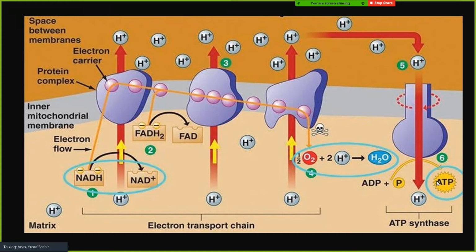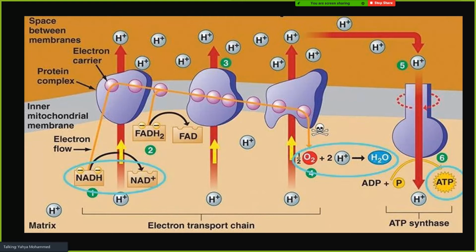So these electrons, this is like a mini circuit. The electron is going for ground, and when it reaches here, it turns half of O2 plus 2 hydrogen to make H2O.